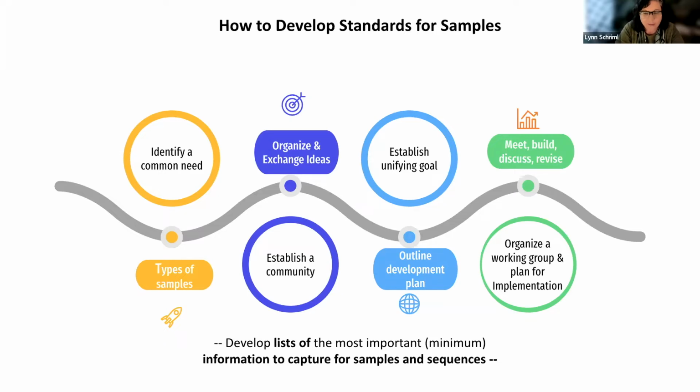So I think the big takeaway from this slide is to think about, when you're facing a common problem, how do you bring a community together? How do you bring others into your community so you can grow and evolve and bring their voices in and their perspectives?